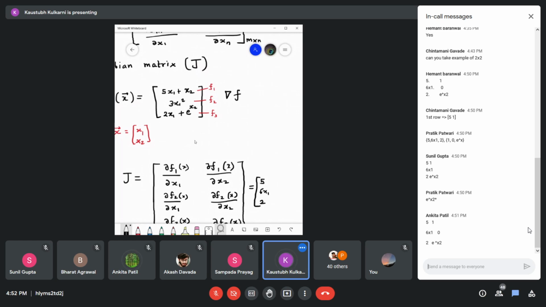This is a constant, so leave it. Coming to the second column, f1, now this is a constant, 0. This is 1. f2 with respect to x2, nothing, 0. f3 with respect to x2, e raised to x2.